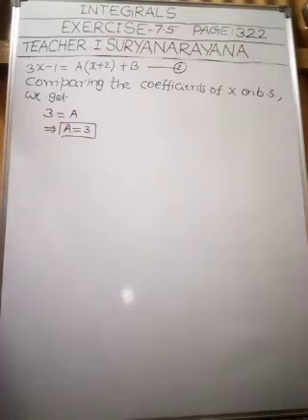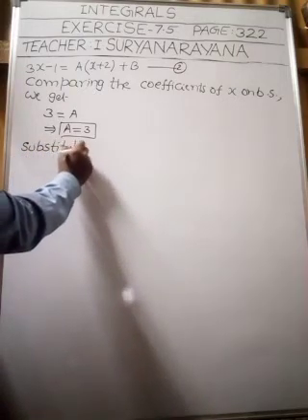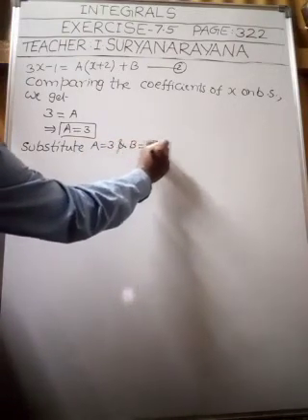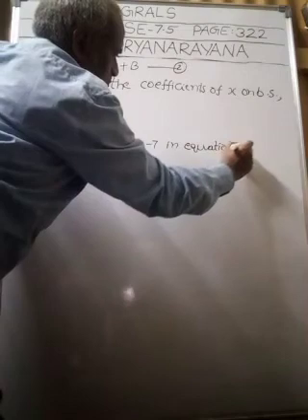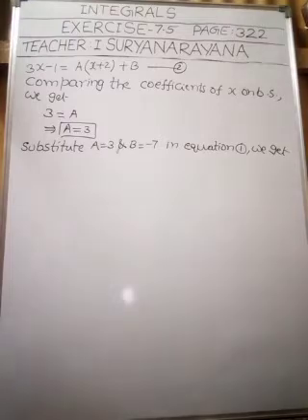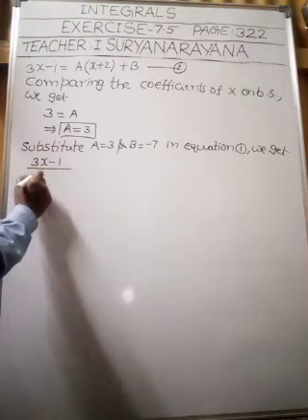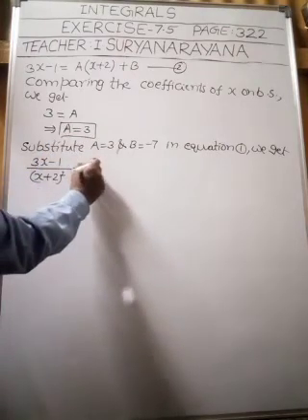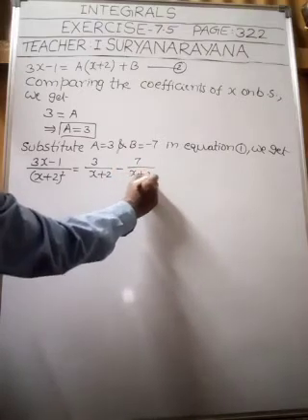So let us substitute a is equal to 3 and b is equal to minus 7 in equation 1. In equation 1, we get (3x minus 1) by (x plus 2) whole square is equal to a by (x plus 2), that means 3 by (x plus 2) minus 7 by (x plus 2) whole square.